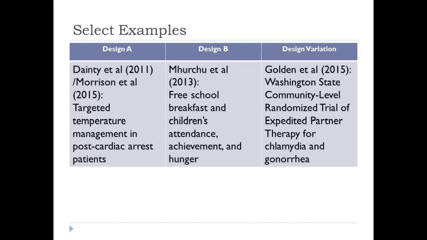And for the design variation, looking at that region level implementation, I'll be talking about Golden and colleagues' study of the Washington State community level randomized trial of expedited partner therapy for chlamydia and gonorrhea. And each of these references are available in this slide deck at the end as well.